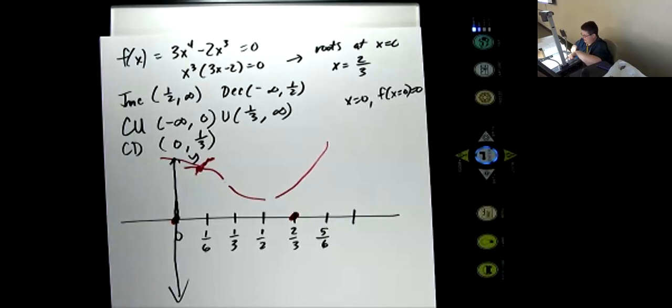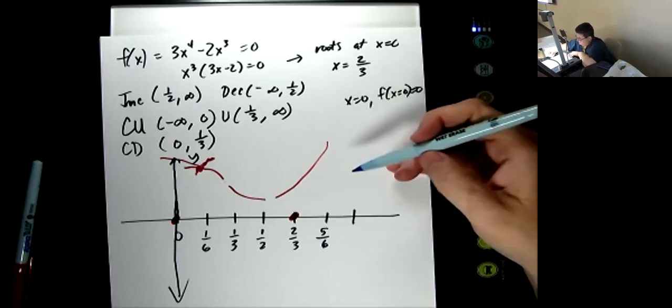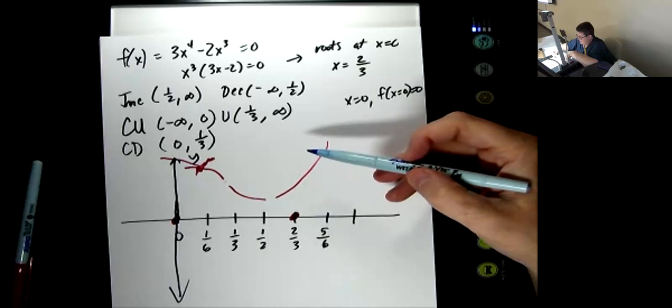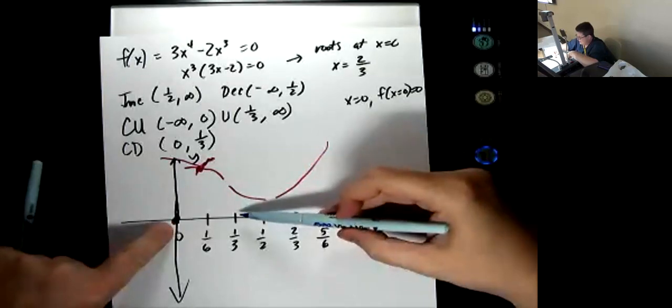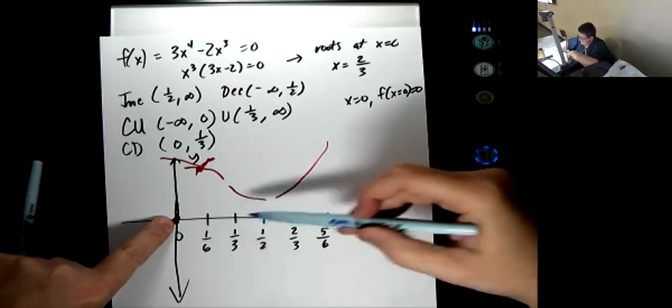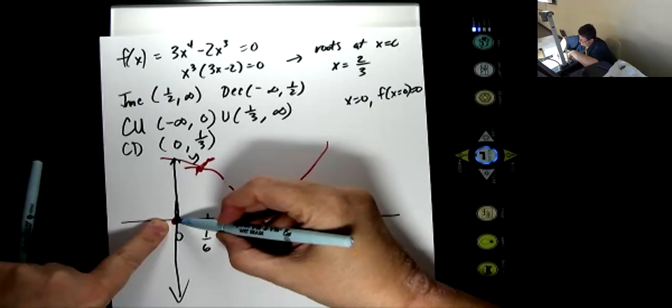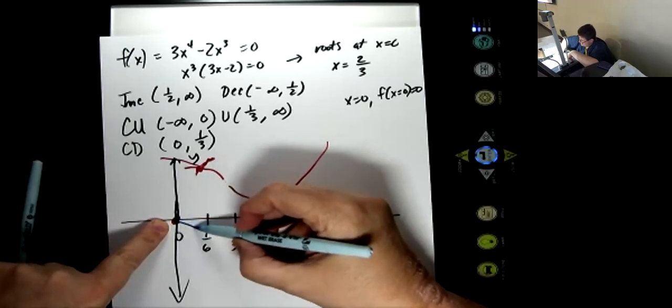So if I wanted to get a good idea of what's going on here, from 0 to 1/3, it's concave down and decreasing, and I know it passes through 0. So if it's going downward, it's got to be doing something like that.